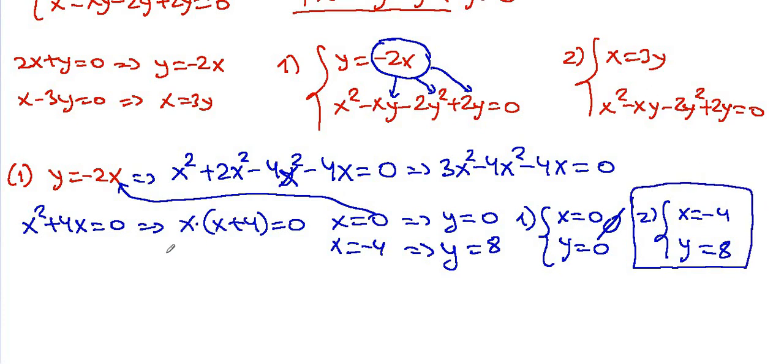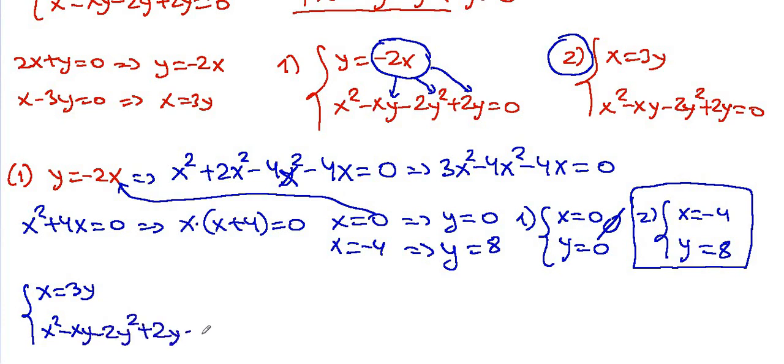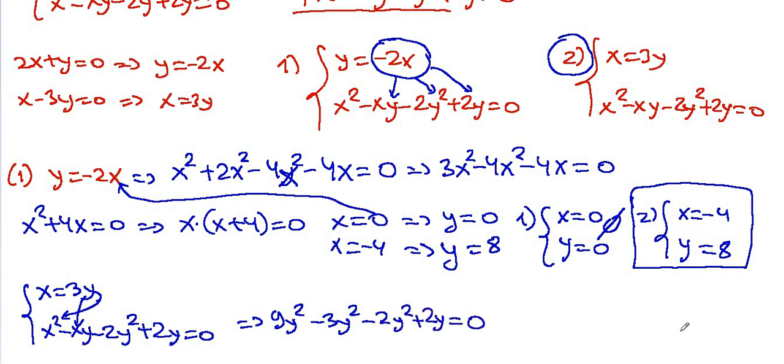Now let me rewrite the second system of equations. Here x is equal to 3y and x squared minus xy minus 2y squared plus 2y is equal to 0. Substituting 3y into x, I will get 9y squared minus 3y squared minus 2y squared plus 2y is equal to 0.